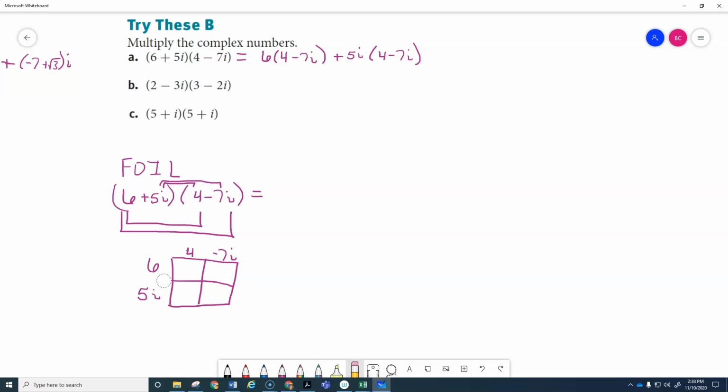Erase this one. Okay, so you just multiply, and I'll go back and do each one of these. So double distribution, FOIL, the box method. You can also stack it: 6 plus 5i times 4 minus 7i, and we're going to multiply those.